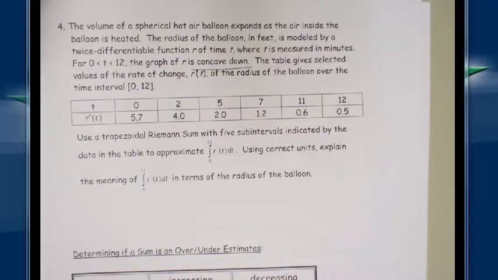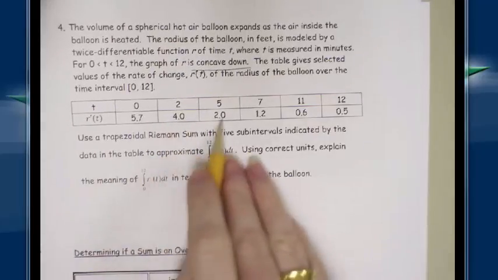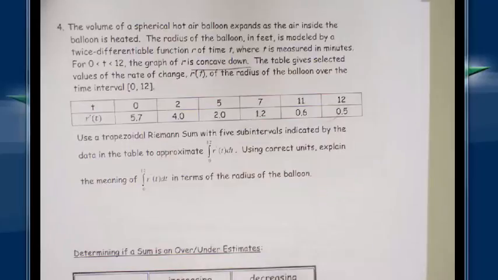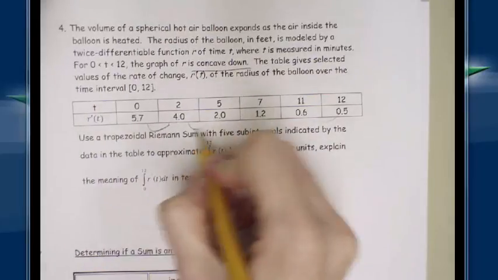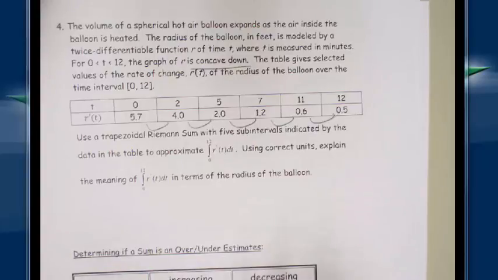That works. 1, 2, 1, 2, 3, 1, 2, 3, 4, 5. That would work out perfectly. We would be comparing these two, these two, these two, these two, these two, or a left and a right and average. If we want to do correct units, explain the meaning of the integral from 0 to 12.